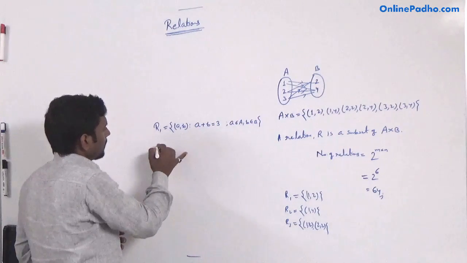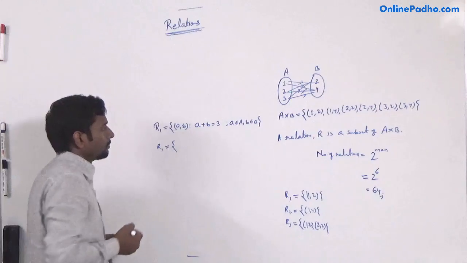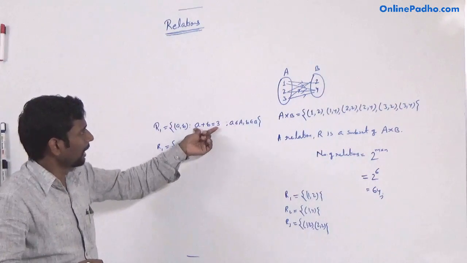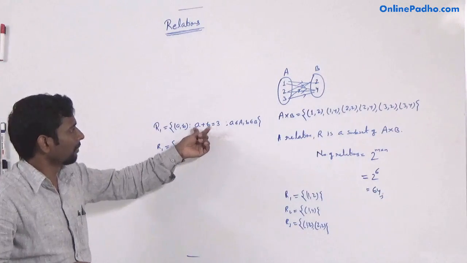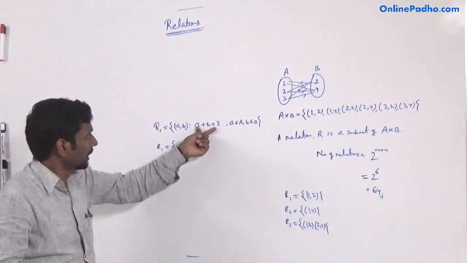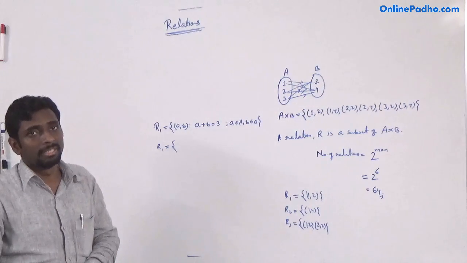So how can we write this relation in the roster form? Let us see, a plus b is equal to 3. We have to take the elements from set A and set B in ordered pairs that must satisfy a plus b equal to 3.